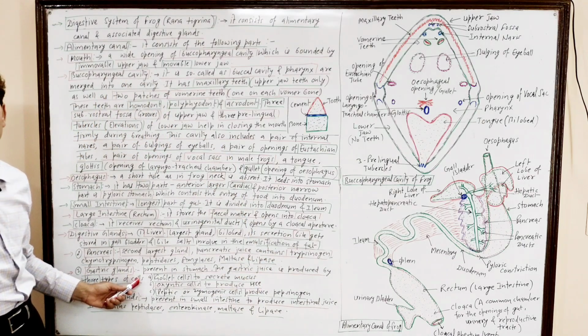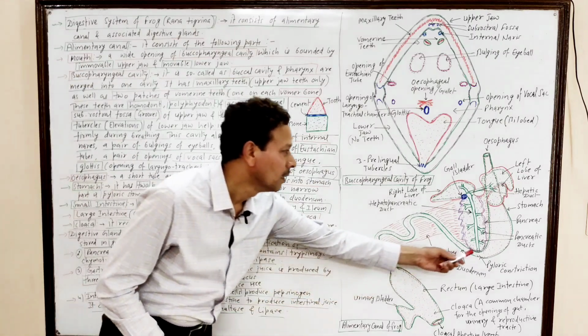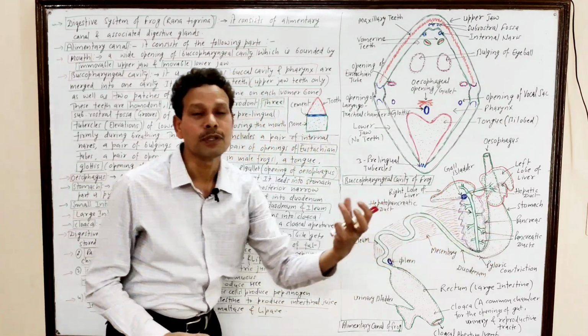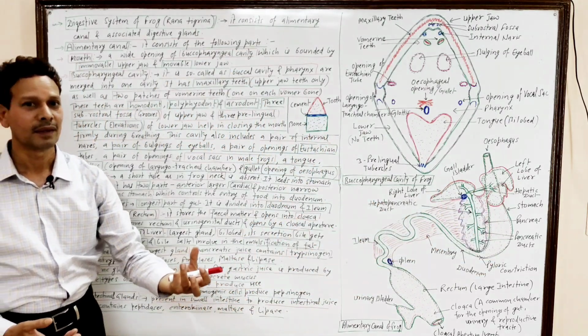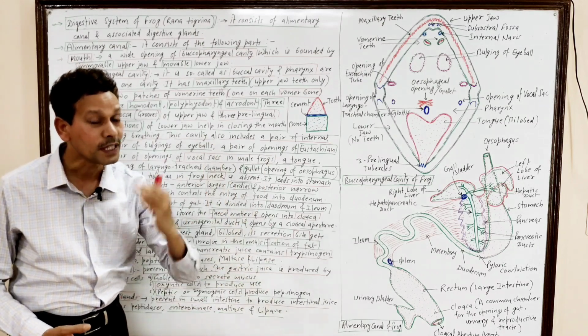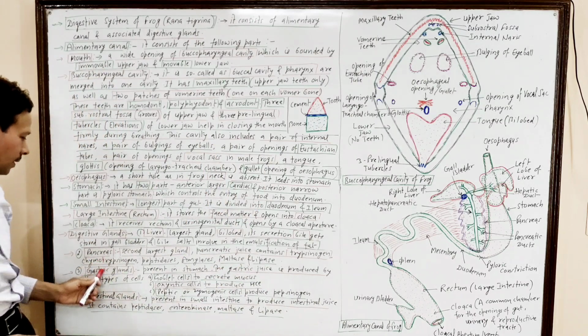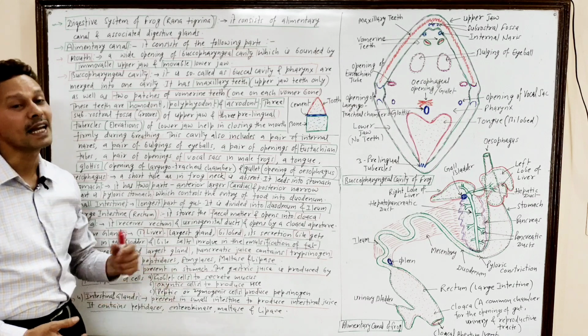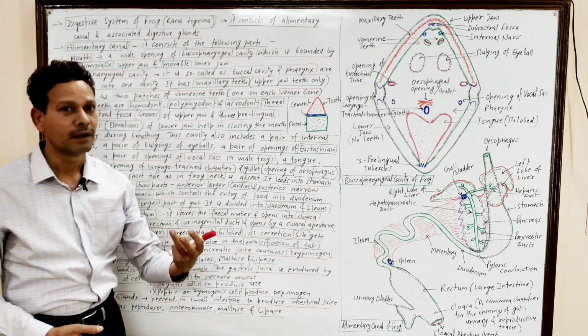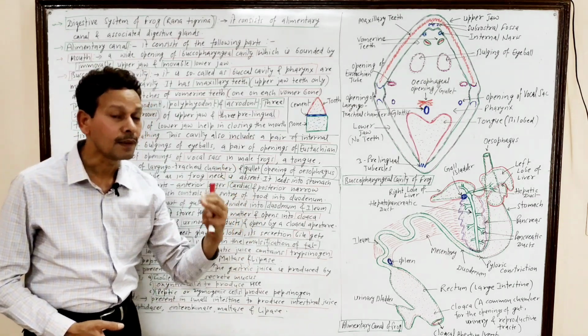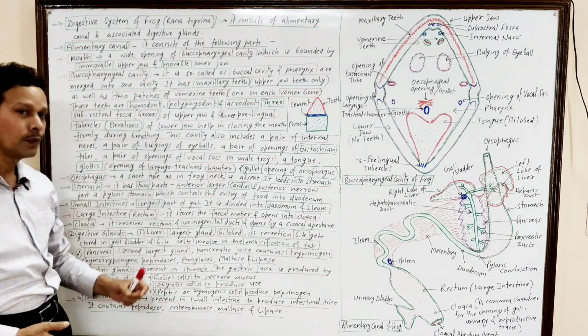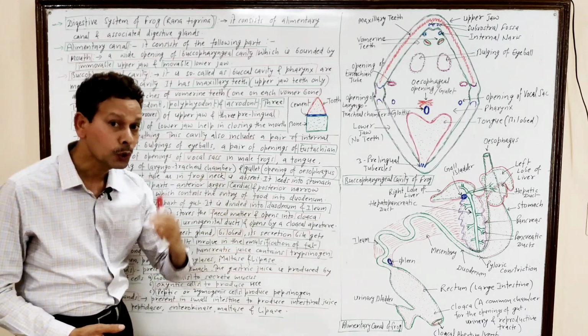Gastric juice is produced by the gastric glands which are present in the wall of the stomach. These gastric glands have 3 types of cells which collectively produce gastric juice.